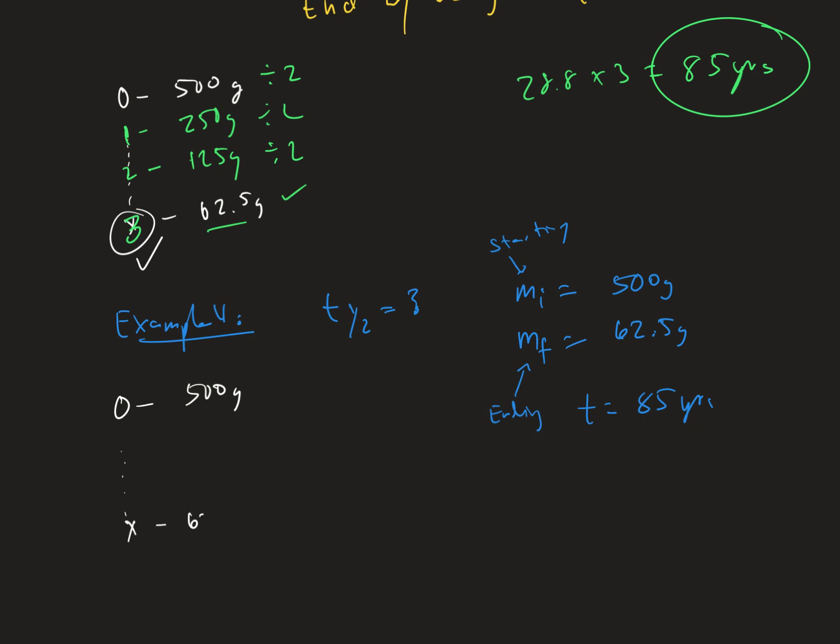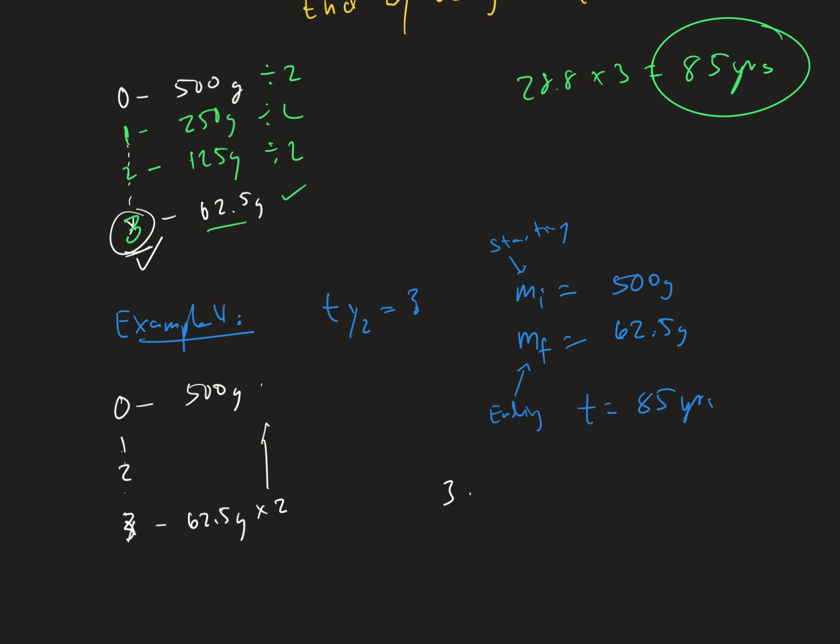That's going to give us 62.5. Well, we already figured out that it's 3. The same way, we can either divide, or this time we can multiply until we get to 500. You can do it either way. So we find we have 3 half-lives.